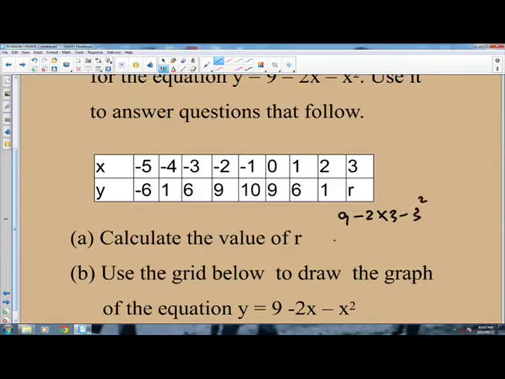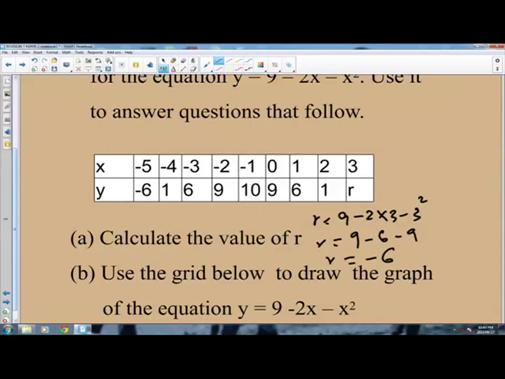And then this will be 9 minus, 2 times 3 is minus 6, minus 9, because we square the 3, not a negative, since the value of x is 3. Upon squaring 3, we get 9. So this will be minus 9. And then 9 minus 9 is 0, meaning r will be equal to negative 6. This is the value of r. R is equal to negative 6.